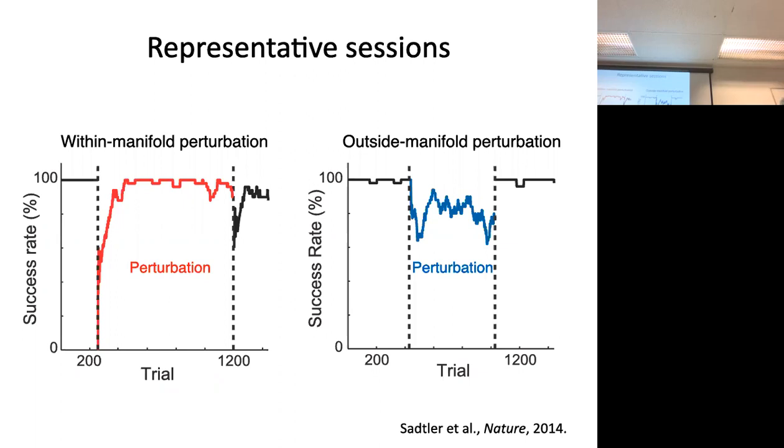This might sound surprising because we're in motor cortex, not visual cortex. The way I think about how this could be the case is that the animal has already done this type of task, where it's moving its arm or using a BCI to move a cursor to hit a target.